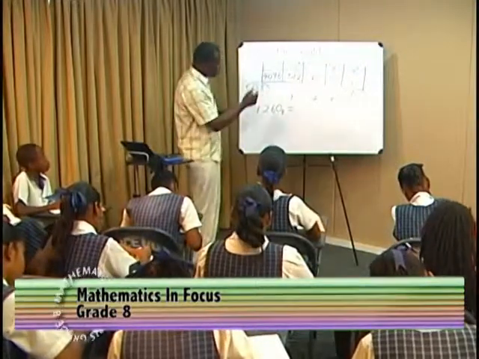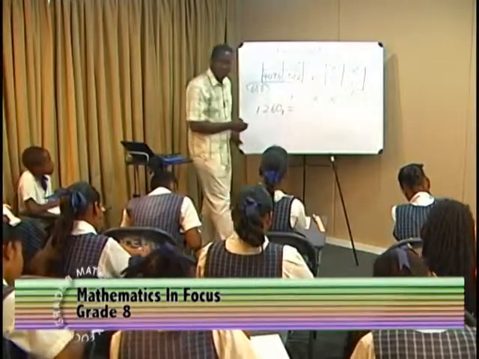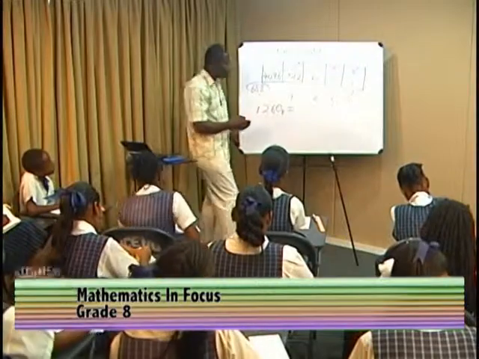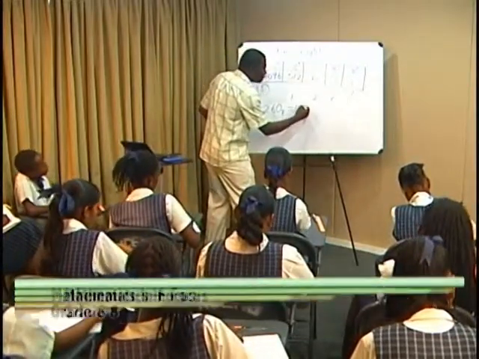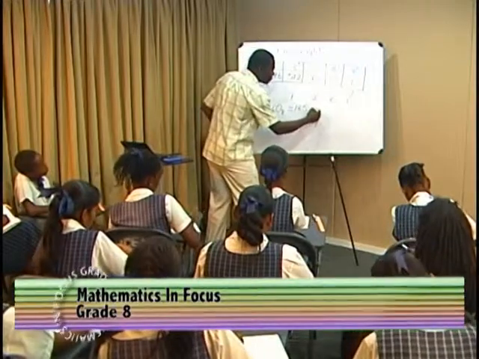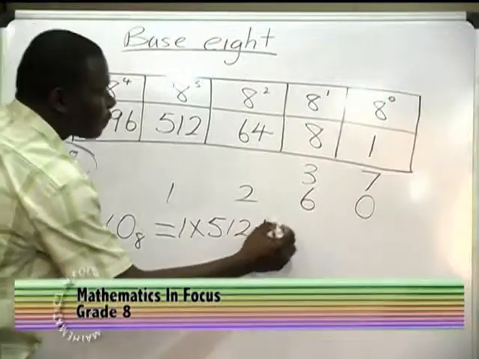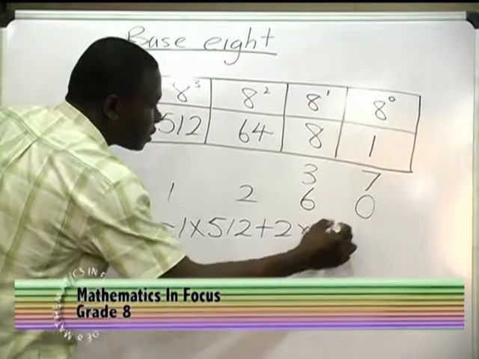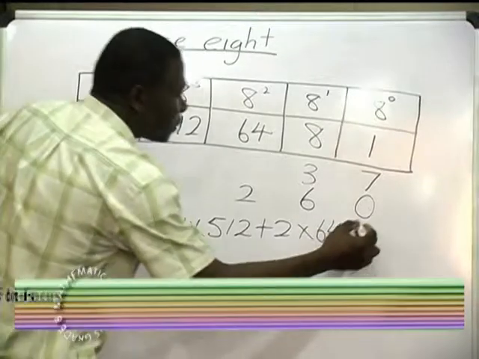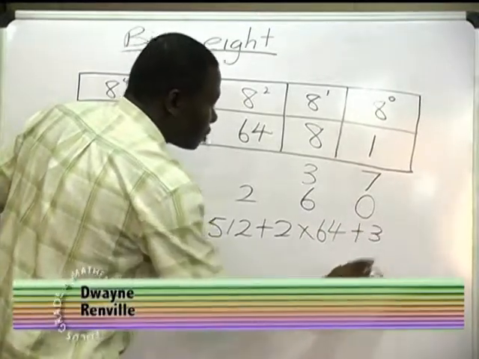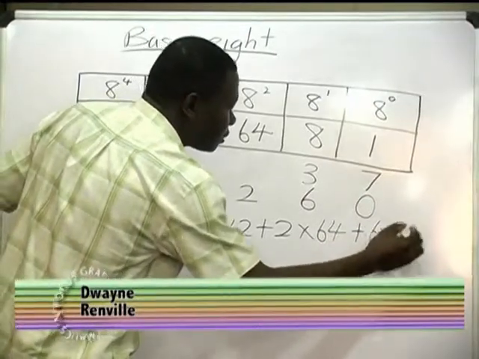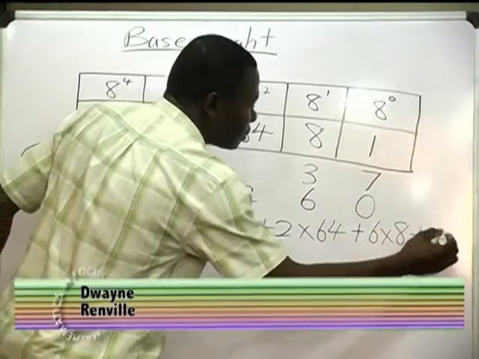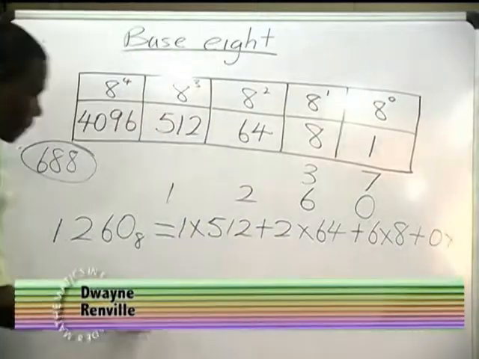Well, let me put in my first step, and I hope that my answer will be the same as yours. My first step will be, I have 1 times 512 plus 2 times 64 plus 6 times 8 plus 0 times 1.